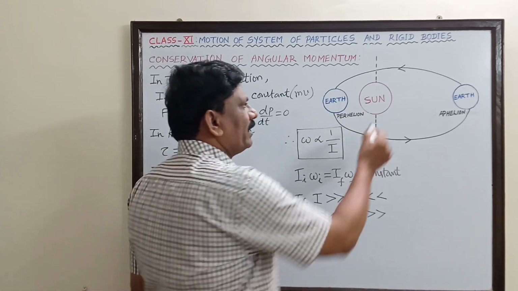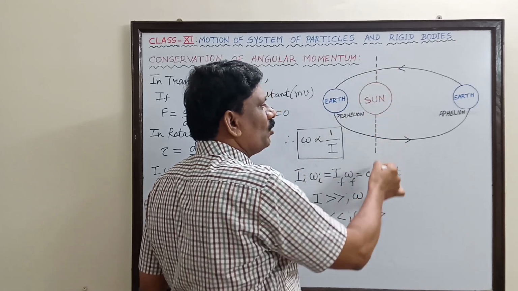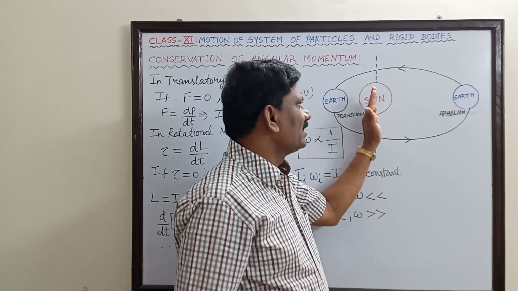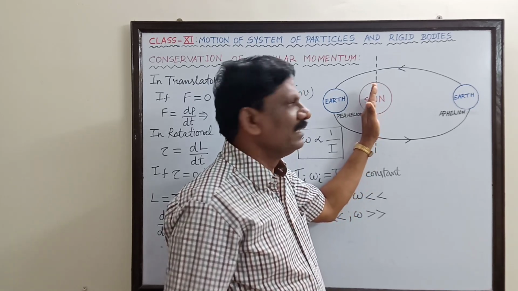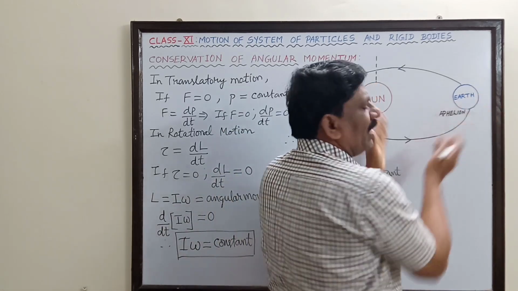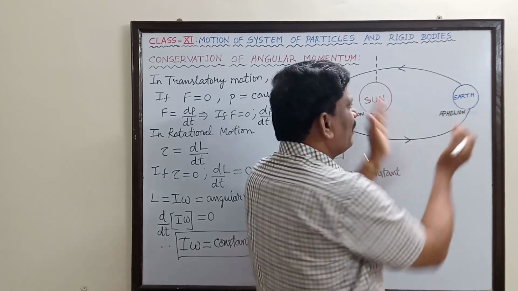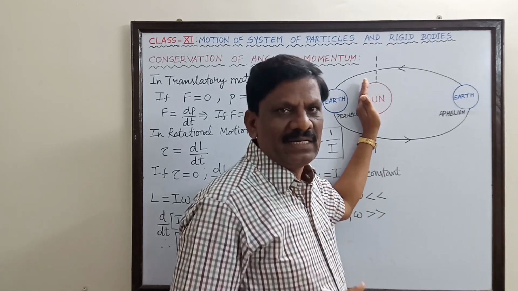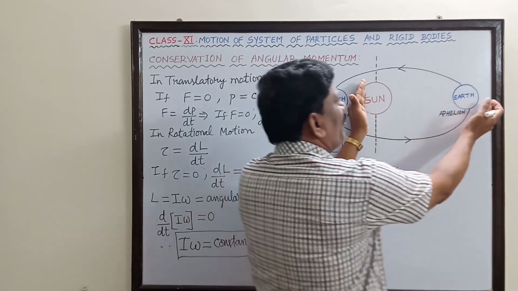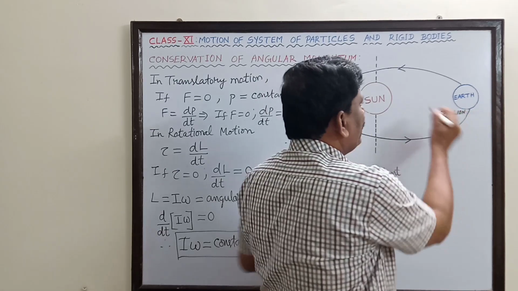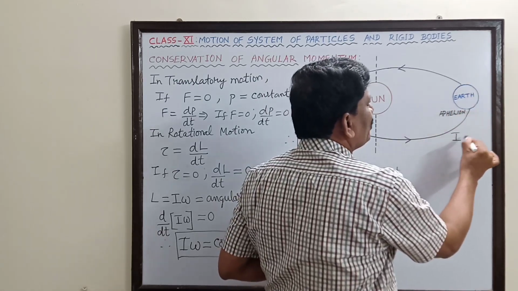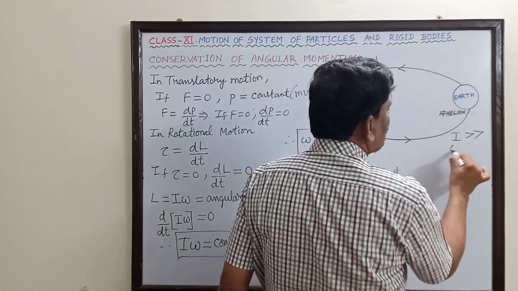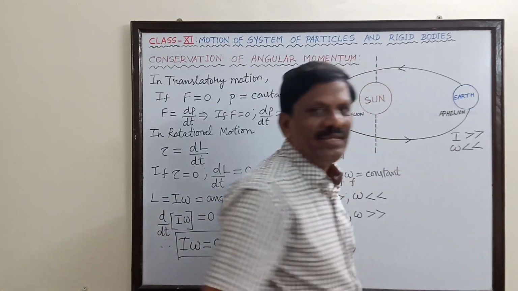Now take the axis of rotation passing through the sun, with the sun as the center. With respect to the axis passing through the sun, the distribution of mass of this two particle system, the sun-earth system, is away, so in this case the moment of inertia will be maximum, and hence the angular speed of rotation will be minimum.